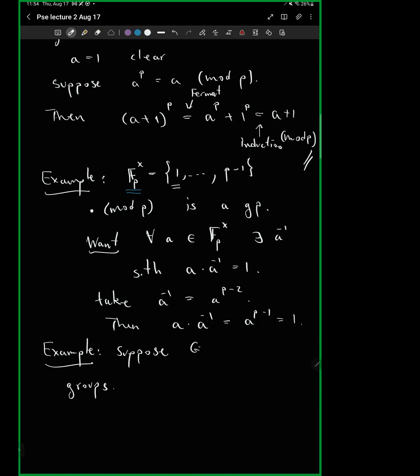So I will write operation G to denote that it's from G, and unit element sub G, and the same I do for H. This is just to disambiguate the two terms. And so suppose I am given two groups, G and H. Each of them has a unit element, E of G in one case, E of H in the other, and it has a binary operation.